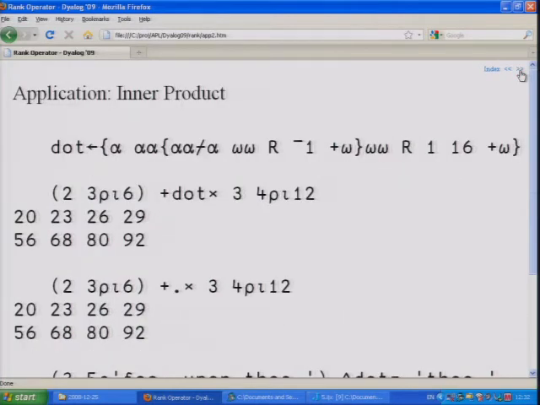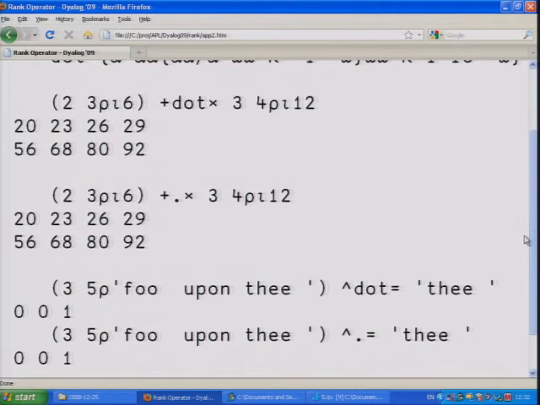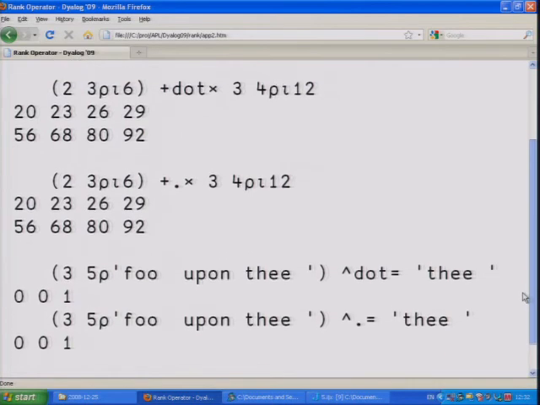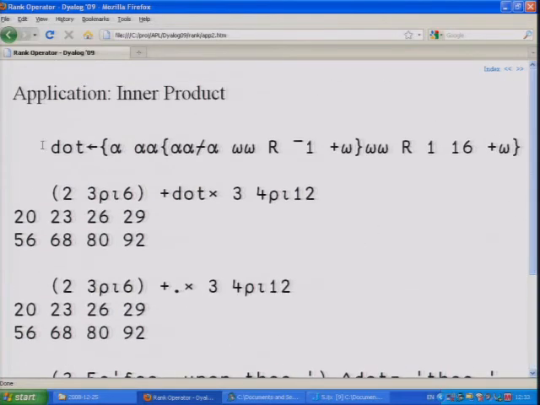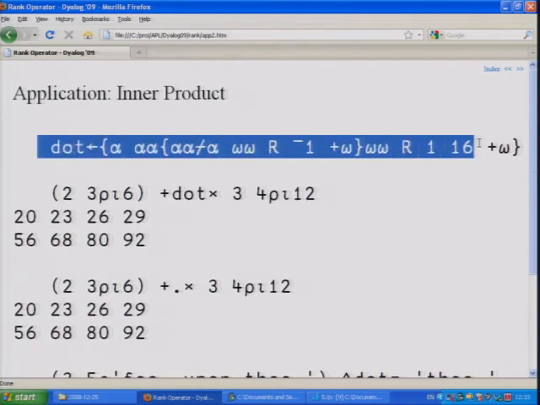Next application is inner product. You can use rank to do the key part in inner product. So here I have plus dot times. It's the same as primitive plus dot times. Works for other scalar functions. And in my British APL Association, I guess it was a conference, right? Earlier in June, I showed how this view of inner product leads to much more efficient implementation of inner product.